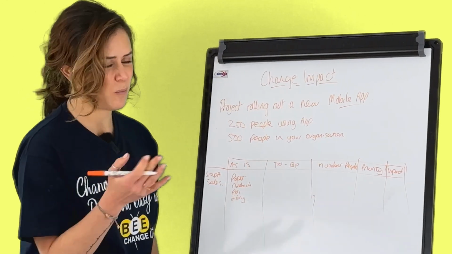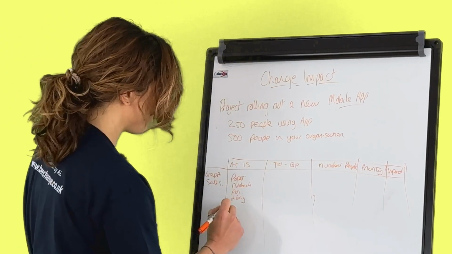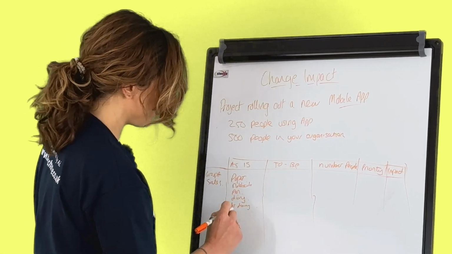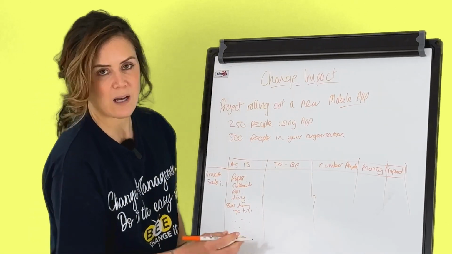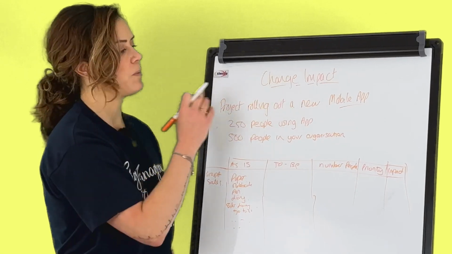This is very old school, but go with me for a second. Essentially they have all of these things that they're currently doing, and they would enter the diary, they would go to visit, etc. So you would list down everything that they currently do based on this particular thing.